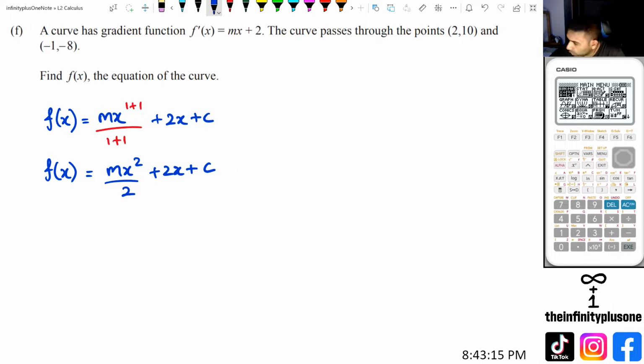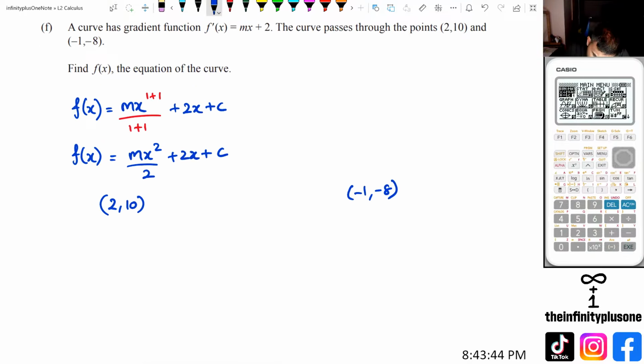Now, what it says is that it goes through the points (2, 10) as well as (-1, -8). So Aniket, what you have to do is create two equations. The first equation I'm going to do is with 2 and 10. Then the next one I'm going to do is with -1 and -8.